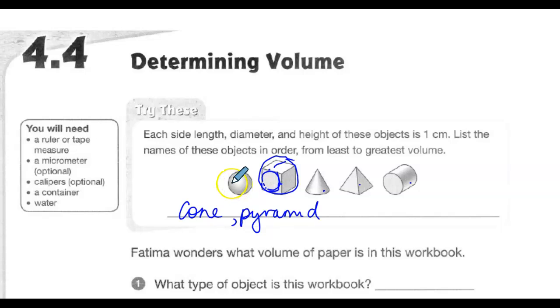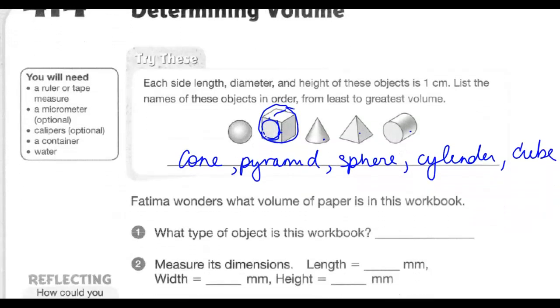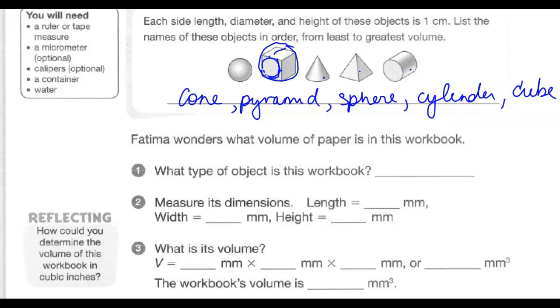The sphere would fit in before the cylinder because of those rounded edges. So the sphere, and then the cylinder, and then the cube. Okay, so if you want to do the calculations, you can. I'm not going to take the time to do those.